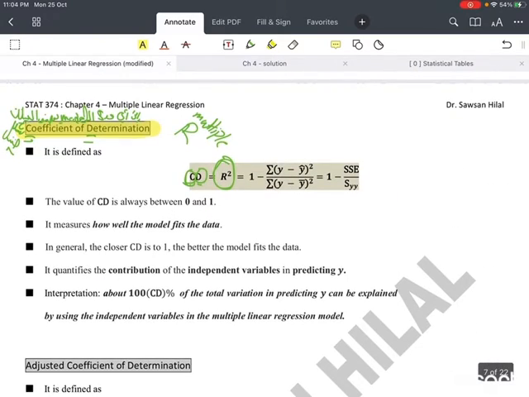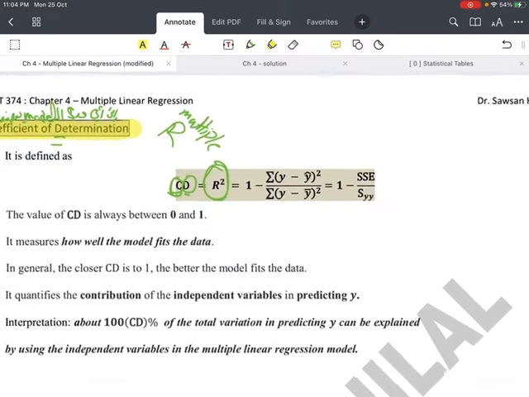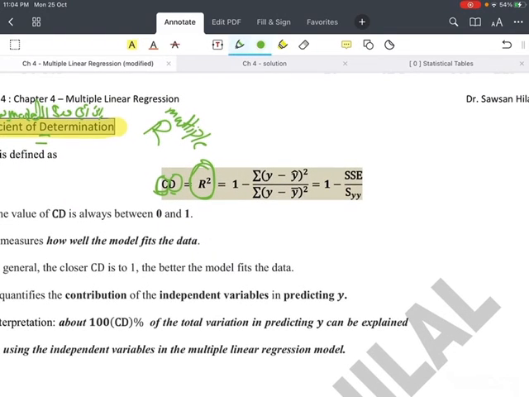So how can you calculate it? It will be 1 minus, okay, بسط ومقام. هني في البسط you will find sum of (y minus y hat) squared. Then here it is summation of (y minus y bar) squared.